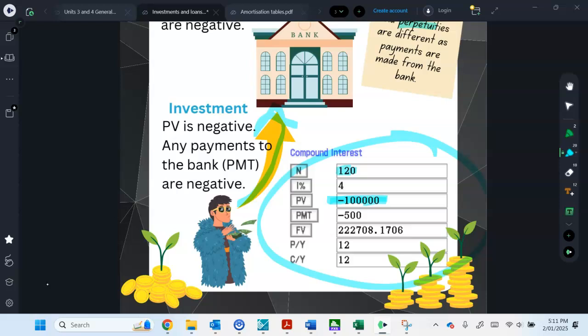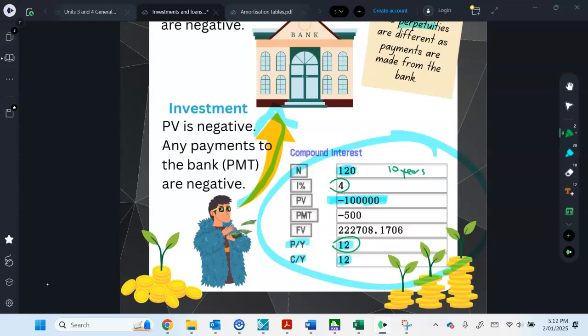The 12 tells me it's monthly, but you don't really need to know that. You don't have to ever interpret a financial solver. PY and CY are payments per year and compounding periods per year. So that's monthly, which means 120 payments, the same as 10 years of 12 payments.